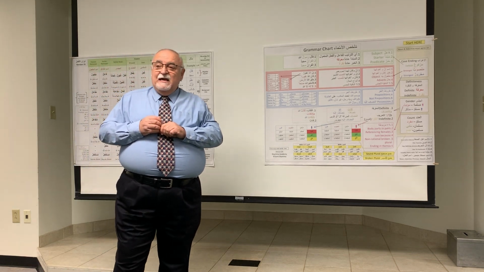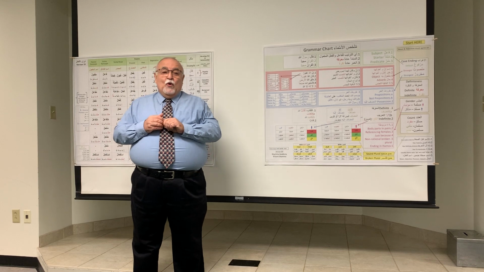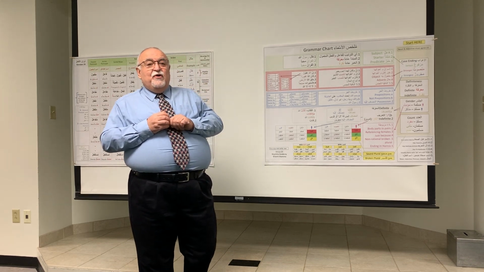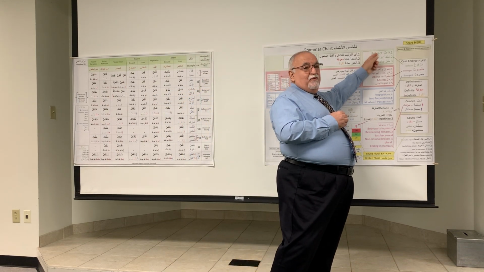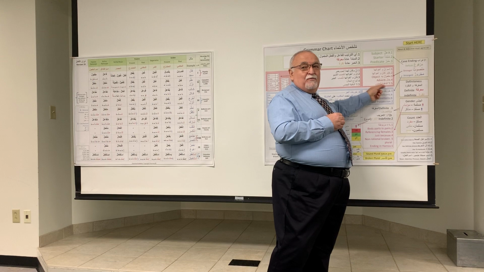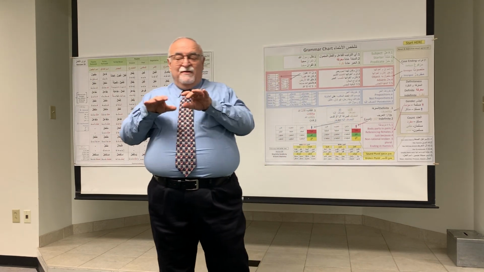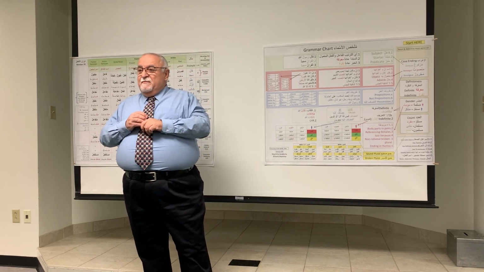Arabic, unlike English, has freedom in the order of the sentence. Where do I get that freedom from? I get that freedom because I know that the subject will always be marfu' and the object will always be mansub. So now the order of the sentence will not disturb the meaning.